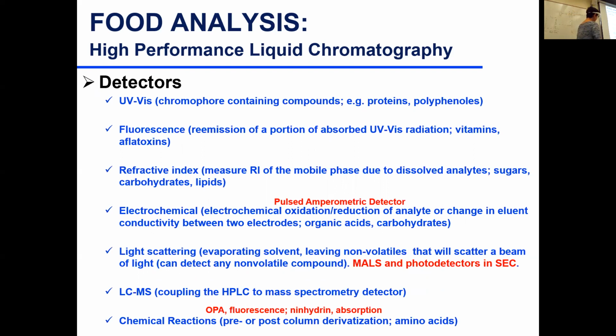Fluorescence. Sometimes your absorbing compound fluoresces in a way that you can detect fluorescence. What happens during absorption, and again, I'll explain that in spectroscopy, is you go from ground state to excited state.